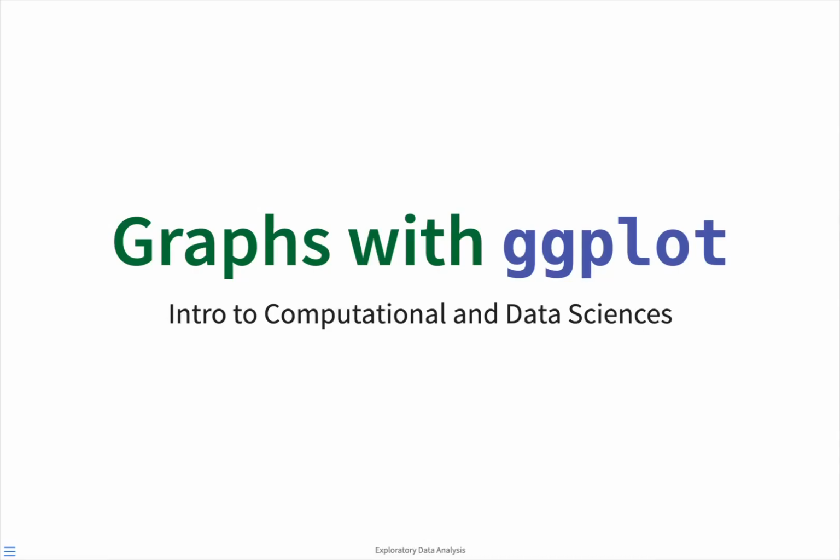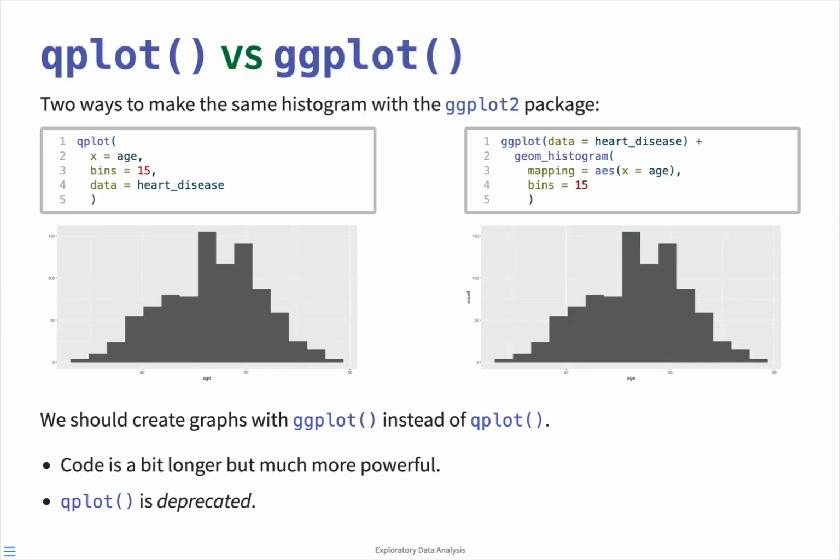In this video, we're going to talk about a new way to make graphs using an R package called ggplot. We've previously used a function from ggplot called qplot to make graphs. However, qplot has been deprecated, which means that the ggplot developers would like to get rid of it in the future, and they're encouraging us to move to the original method of making graphs using ggplot, which you can see on the right.